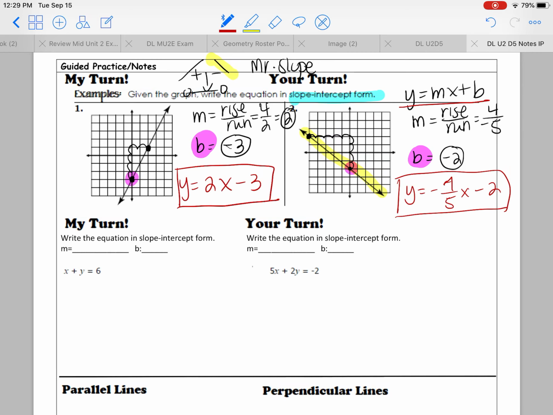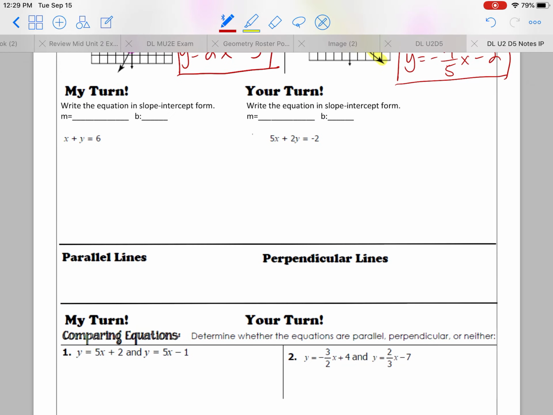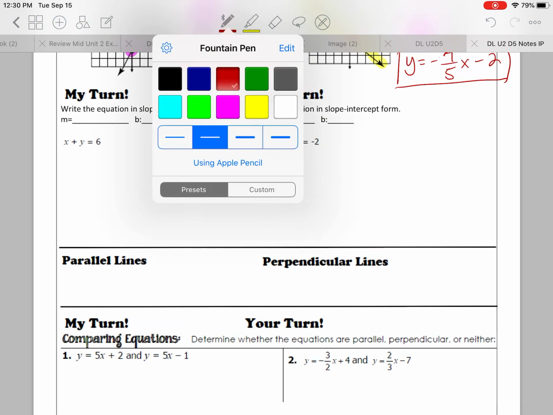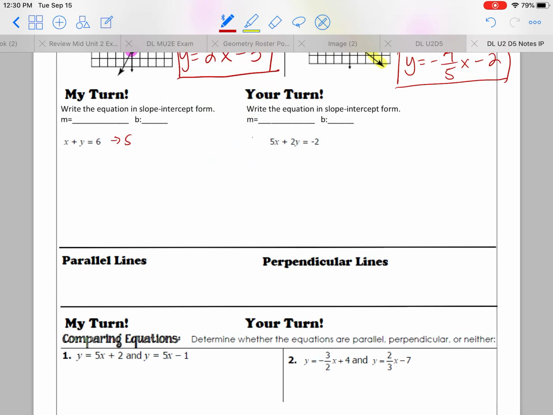Okay, so now looking at the next one. It says write the equation in slope-intercept form. Right now, this equation is in standard form. If we want to write it in slope-intercept form, we need to solve for y. First thing that you do is cancel the x term.